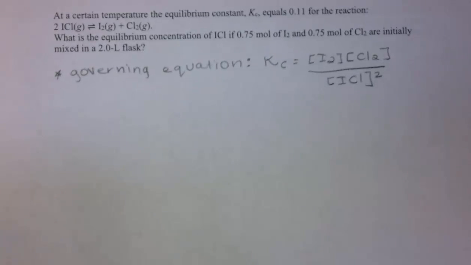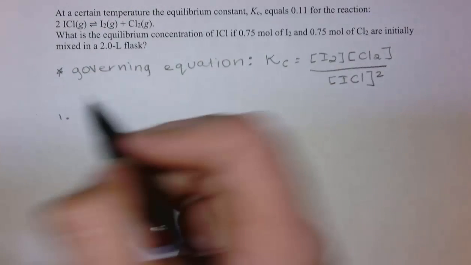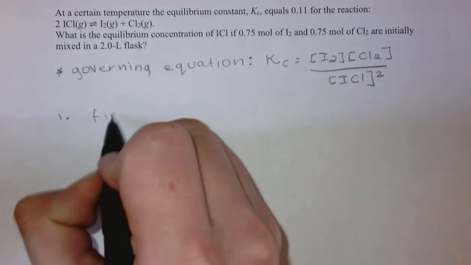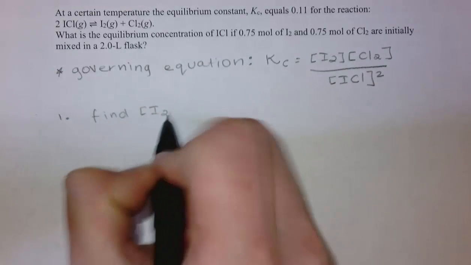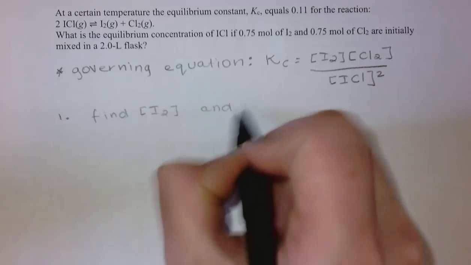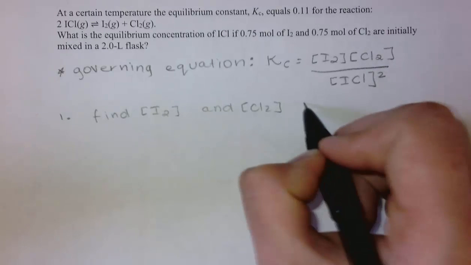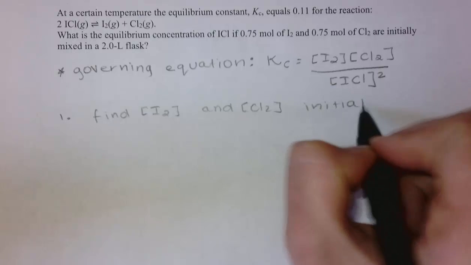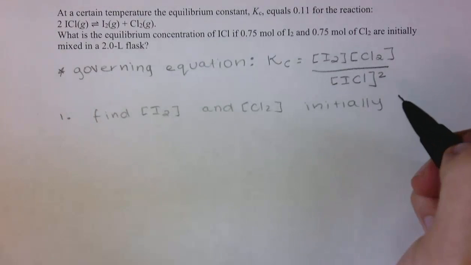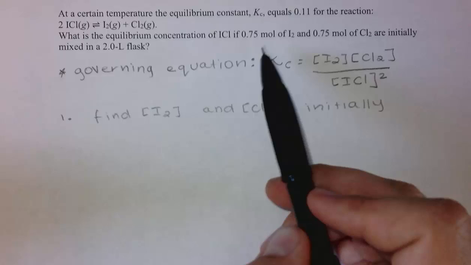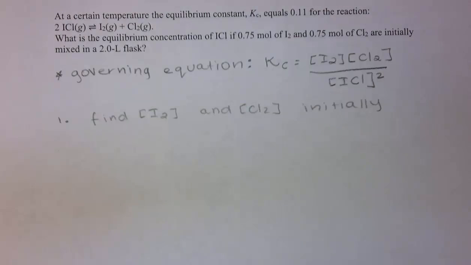So now that we have that, the first thing I'm going to do is find the concentration of iodine and chlorine initially. We are given information to find this because we know that 0.75 moles of each is initially mixed in a 2-liter flask.